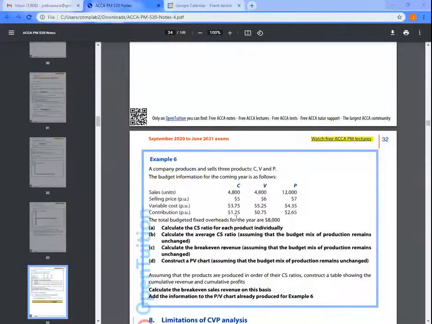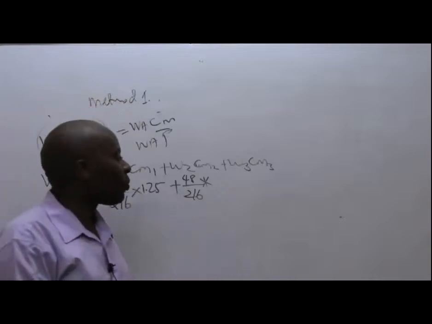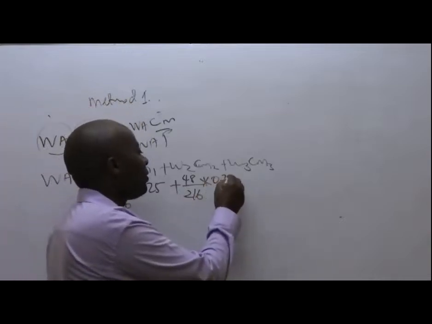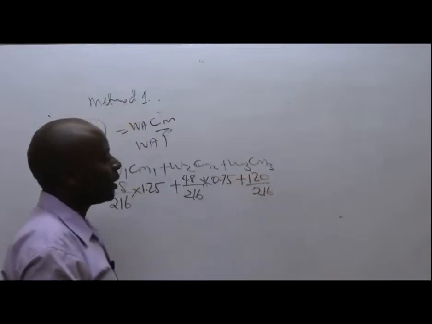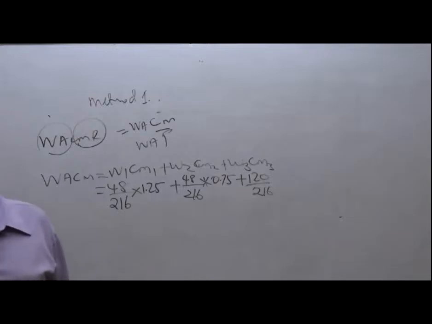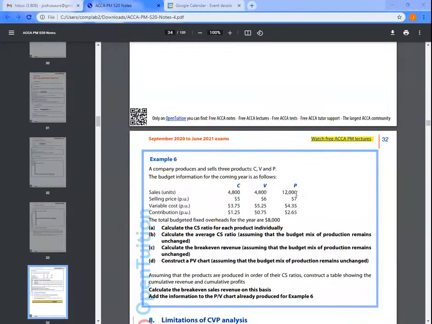Contribution margin 2, ladies and gentlemen, I can see here is 0.75. So times 0.75 plus 120 over 216, 120 over 216 times 2.65.